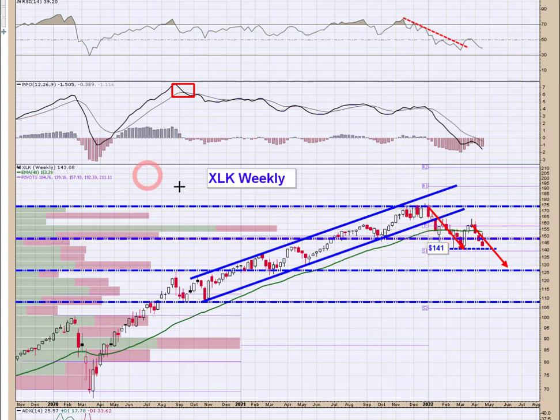Shouldn't be any surprise that XLK technology has been weak. We've got an A move, a B move, and a C move, a measured move that points down to 126. We are right at the February lows. You break below 141, I think you find this 126 on the charts.